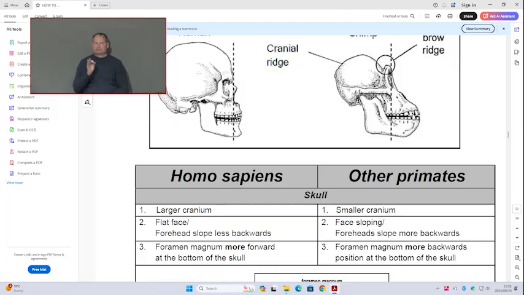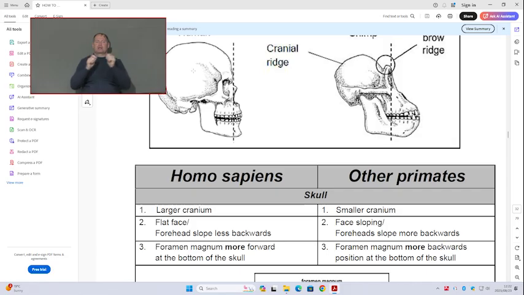So if the skull is like this, we know that we have a larger brain as compared to other primates, right? So then the question on the paper, it shows you a skull like this. And then they ask for the differences. We find learners who write large brain.